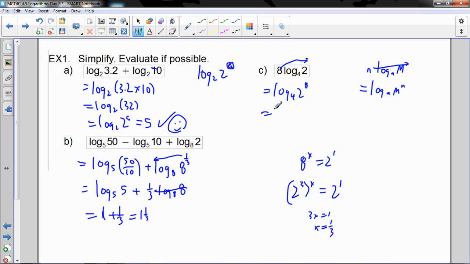It's 256. Now, can I write 256 as 4 to the exponent something? Yeah, that's 4 to the exponent 4. 16 times 16. And so there I've got a log base 4 and an exponential function base 4. They wipe each other out, and I'm left with just plain old 4. No calculator. Nice.